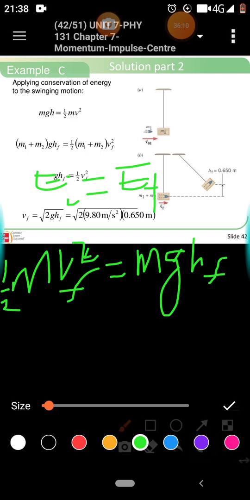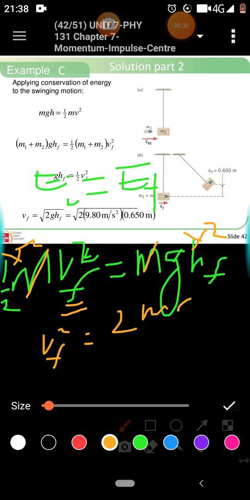Since the masses are the same, they cancel each other, and multiplying by 2 on both sides we have v squared equal to 2 g h f.